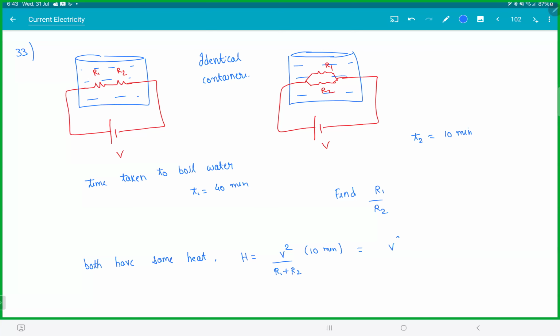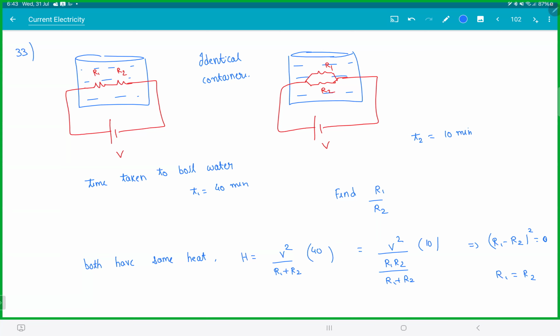In the second case, it is V square by R equivalent, which is R1 R2 by R1 plus R2, into 40 minutes. Anyway, the minutes will cancel, and units are the same. If you solve this, you will end up with R1 minus R2 whole square equal to 0. You get R1 is equal to R2.